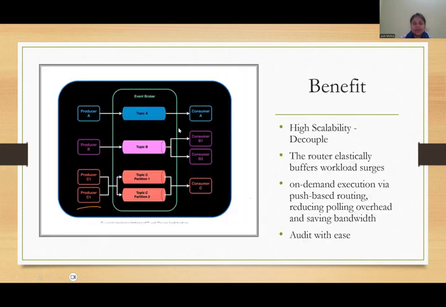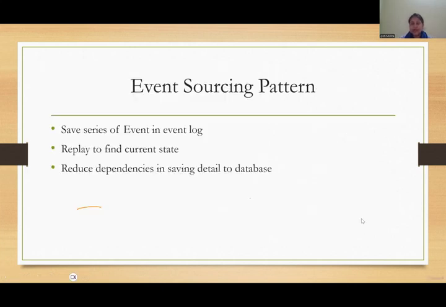Now, from this particular event driven architecture, we can derive other architecture patterns, which I briefly talked about, which is the event sourcing pattern. So ideally what would happen? Let's see. Again, let's go.